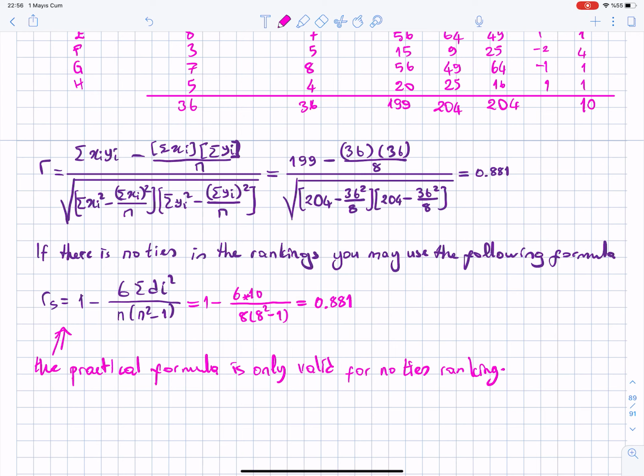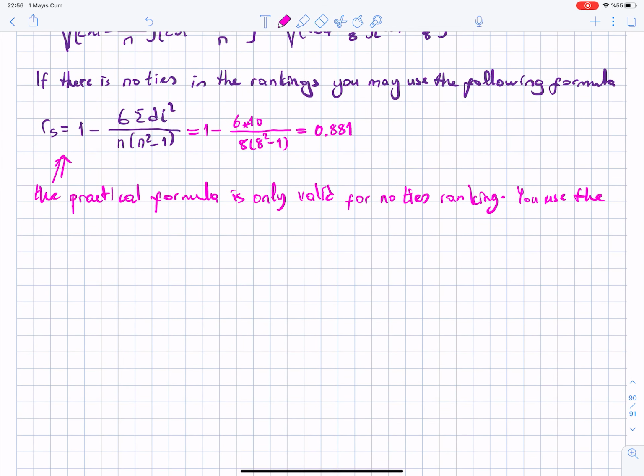So in this case, if you have ties, you use the Pearson correlation formula.